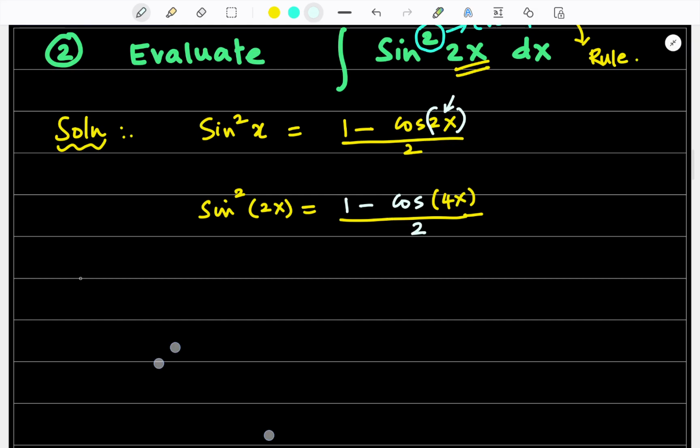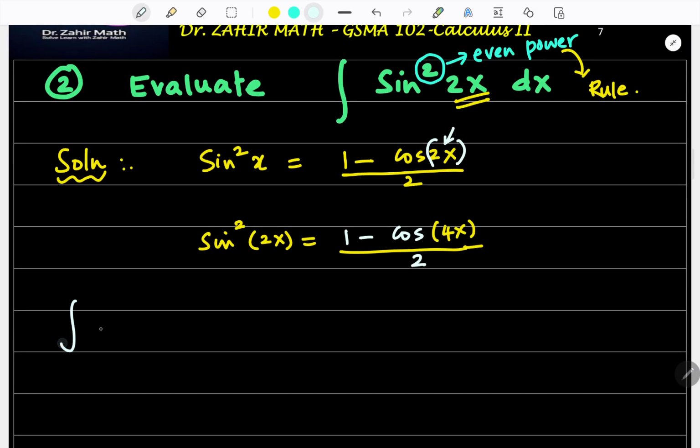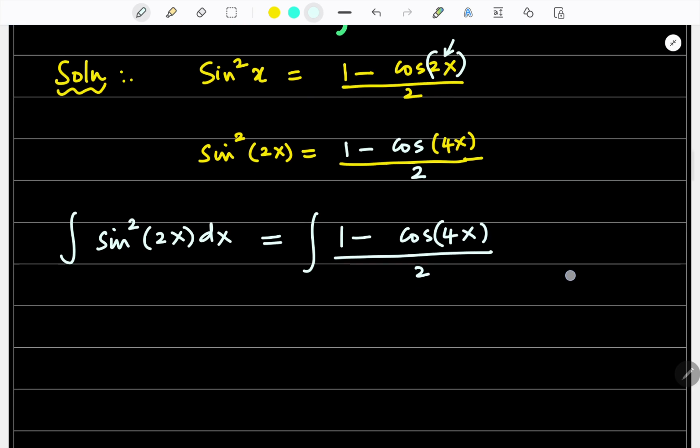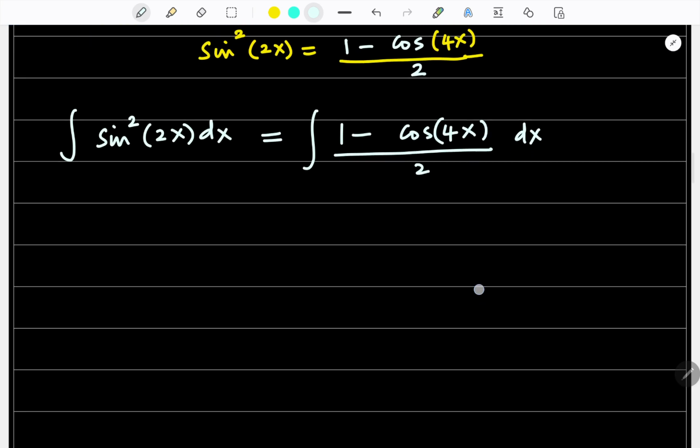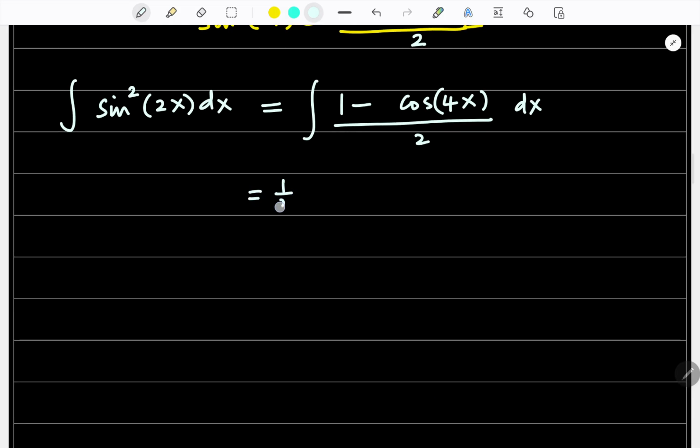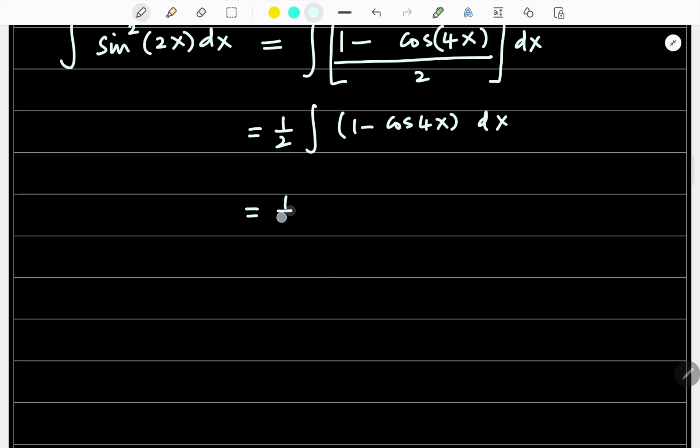So let's solve the question. The integral of sin²2x dx is equal to the integral of (1 minus cos4x) divided by 2 dx. Very simple, right? So 1 by 2 will come out: the integral of (1 minus cos4x) dx. Of course, you need to put the brackets. So this equals 1 by 2. What is the integration of 1? x.